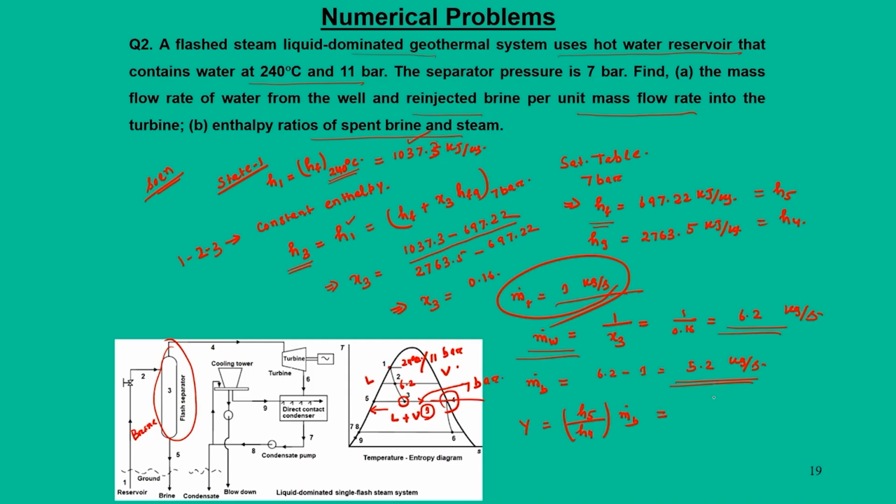So, H5 and H4 are known, that is 697.22 divided by H4, 2763.5, into 5.2. So, Y is equal to 1.32. So, the enthalpy ratio turns out to be 1.32.